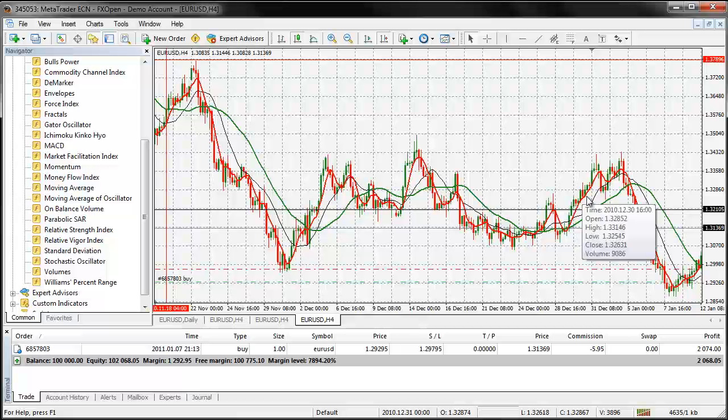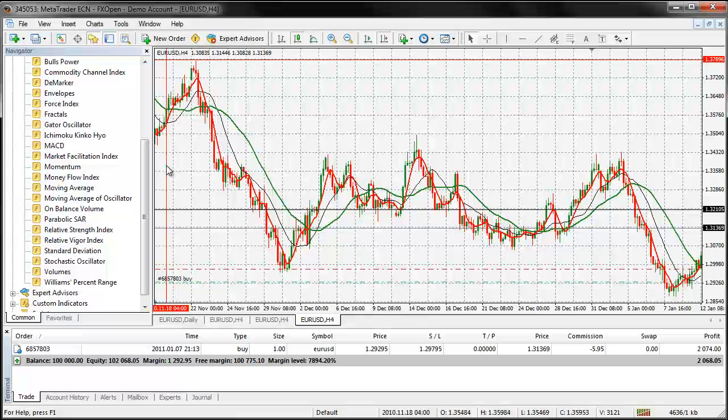You can see how far away this has moved. So the further away the moving averages are from the candle prices, the better. As the candle prices come closer to the moving average, it's time to prepare to either protect your trade or close out your trade, or prepare to go in the other direction.